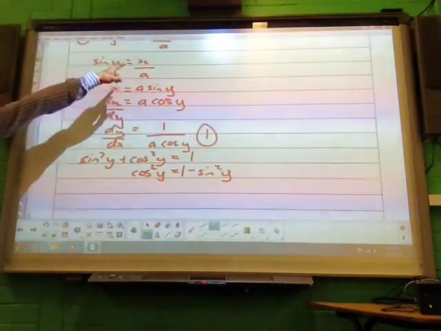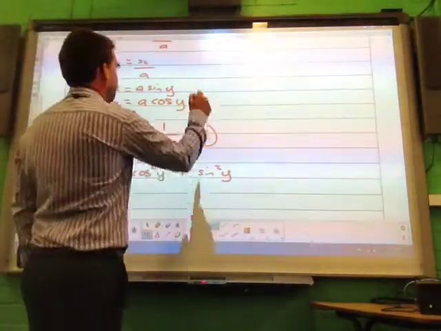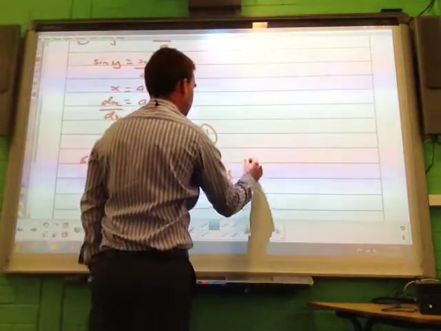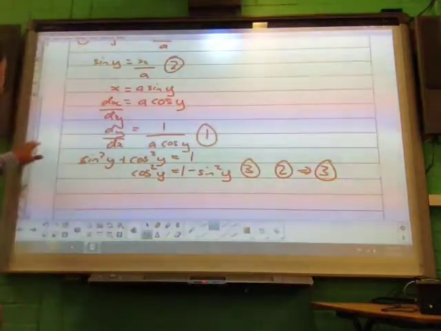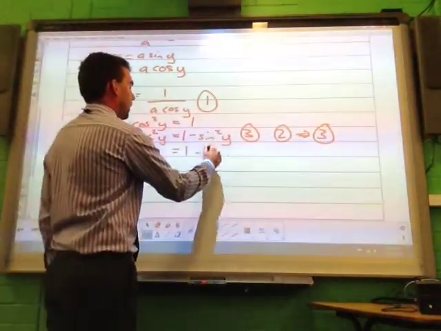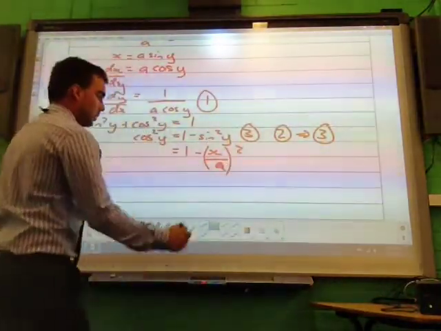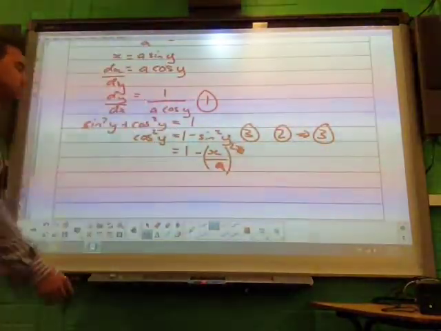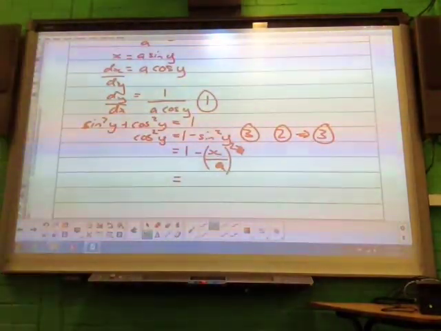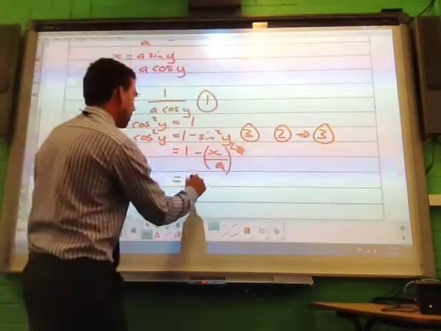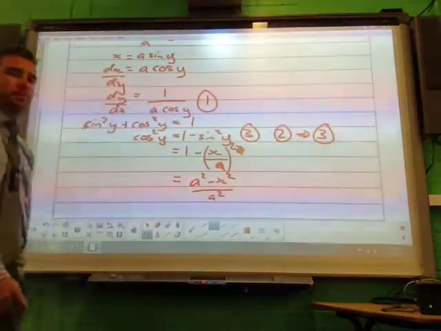And sine of y is x over a, so sine squared of y is going to be x over a, squared. 1 take away x over a, squared. So I'm going to put it all over a common denominator: a squared take away x squared, over a squared.